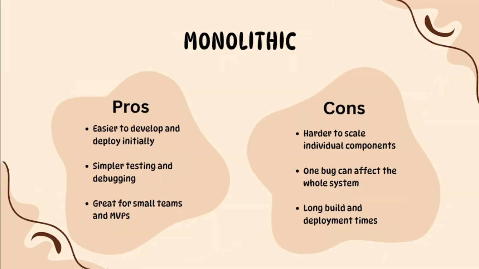Monolithic is easier to develop because it's a single project, right? You can develop a single project with multiple APIs and a single database, so it is easy to develop a monolithic architecture. For testing, it's simple because we have only a single project, so we can debug line by line in this single project.